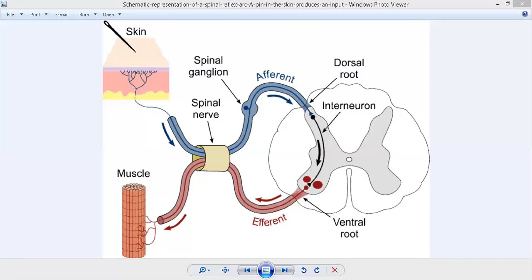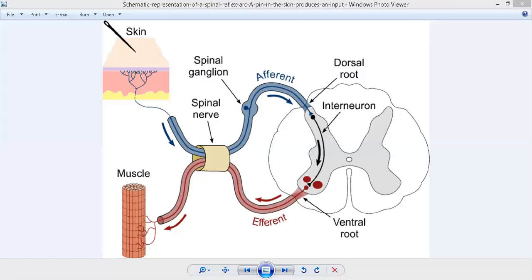Okay, what are the rami? Just as they emerge from the intervertebral foramina, the mixed nerve again divides into two branches which are known as the rami, posterior rami and the anterior rami. Okay, so these are not the anterior and posterior nerve roots.